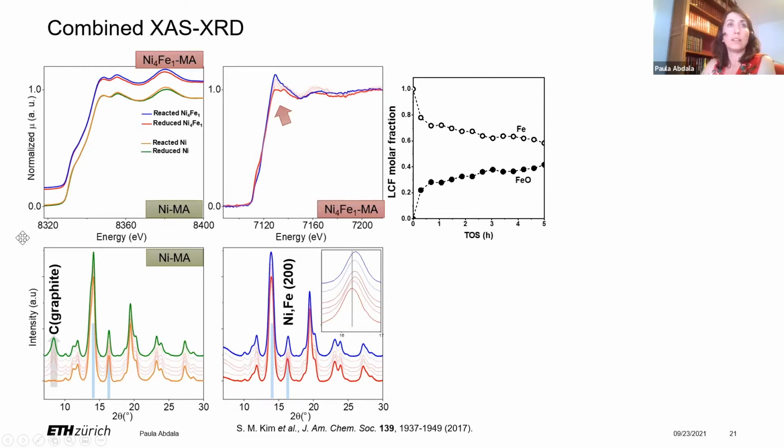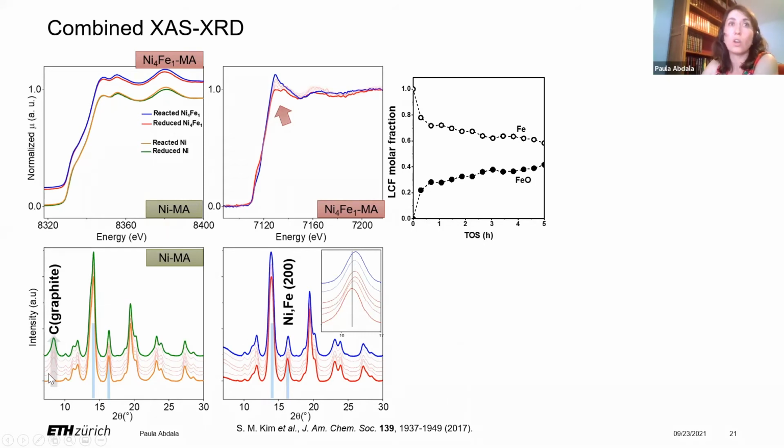Now, looking at the XRD analysis, this is the nickel-based material. Most of these peaks are due to the support, except for these two that are due to the metallic phase, the nickel. But all these peaks are rather stable, except here that we observe the formation of a new phase, which is graphite.